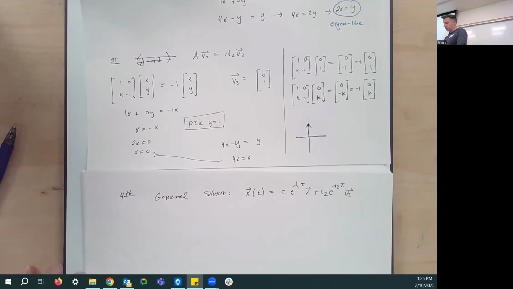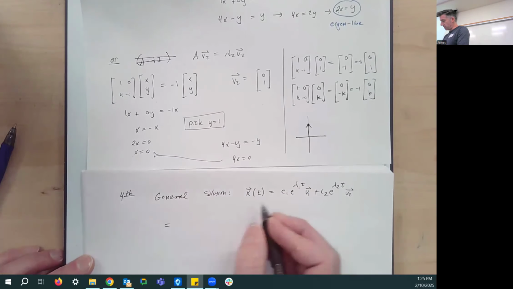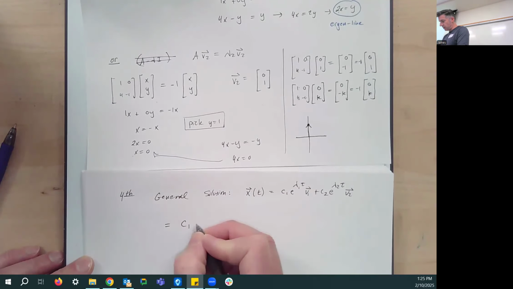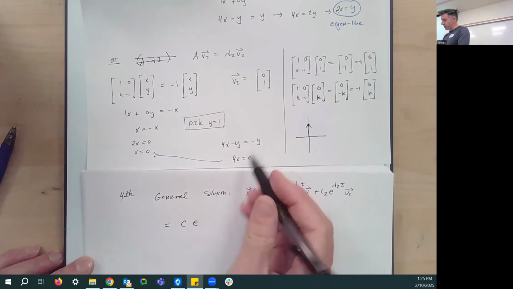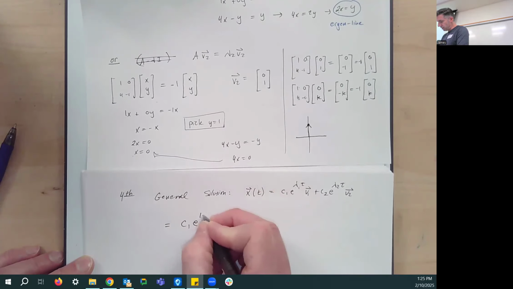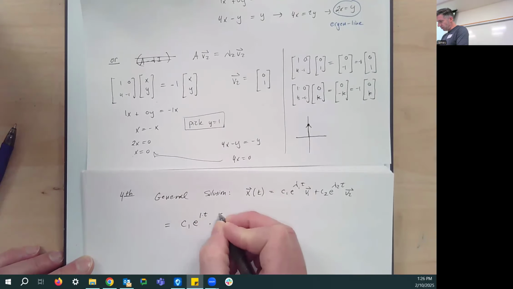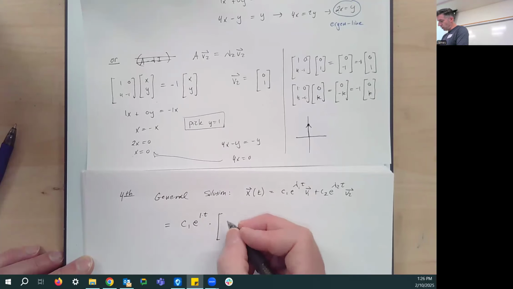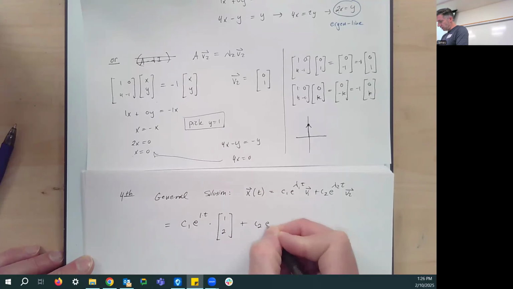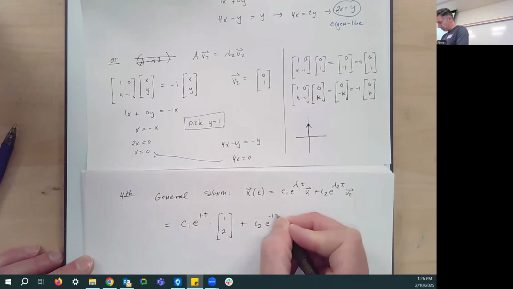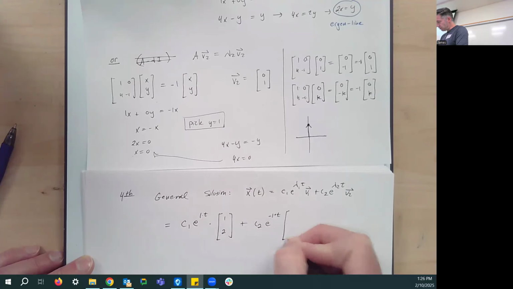Let's take a look. Specifically here, we're going to get c1 e to the lambda 1, which was positive 1, times t times v1, which was (1, 2), plus c2 e to the -1 times t times (0, 1).